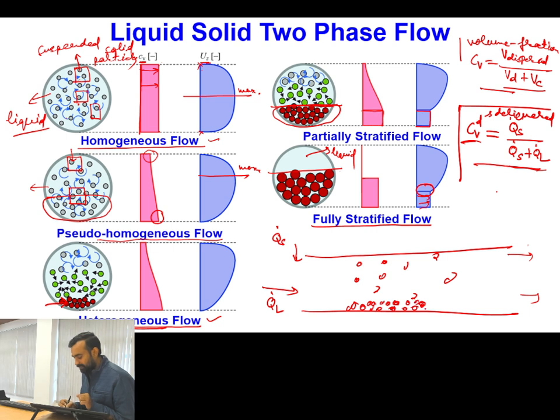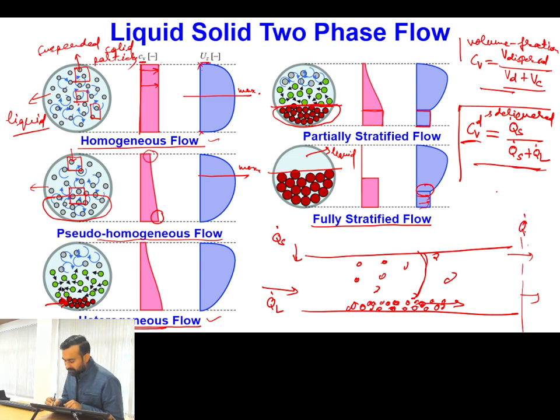And when these particles have layered at the bottom portion, their velocities have decreased. Their velocity is now not identical to the velocity of the liquid. So if this settling has started and they flow at the decreased velocity, what will happen? At this point, I will get higher liquid flow rates. Okay, liquid flow rates almost at the same level, but the solid flow rate will go down.